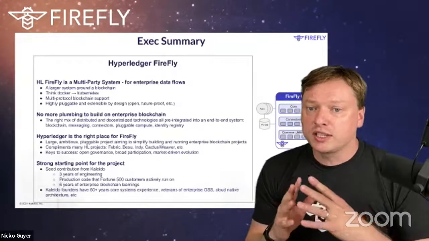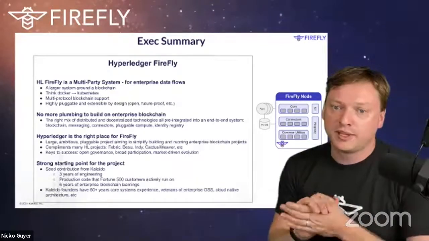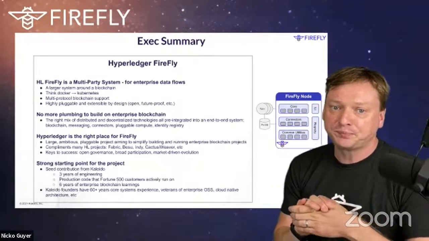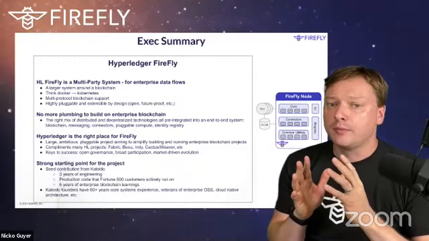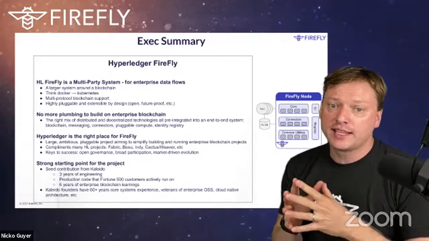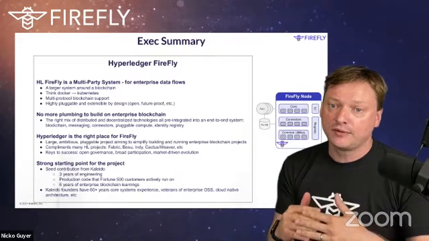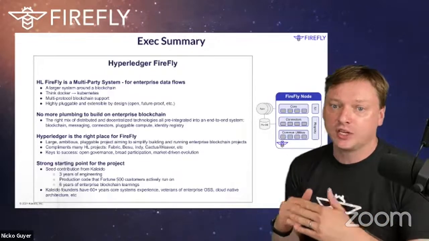I want to just give you a little bit of a high-level overview, and this is really also what we're going to talk through in this slide section around what Firefly is, and the problem that it's there to solve. Firefly is not in itself a DLT technology.